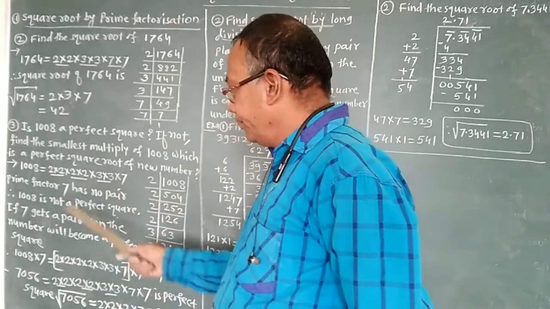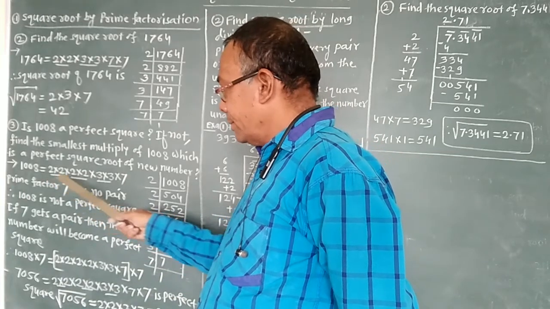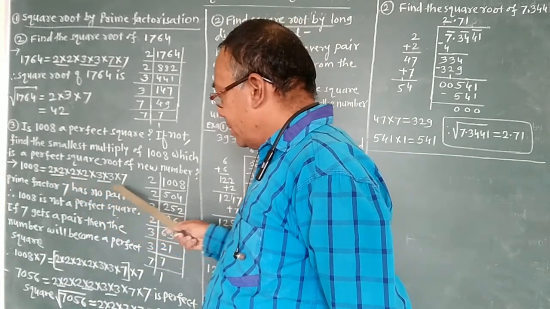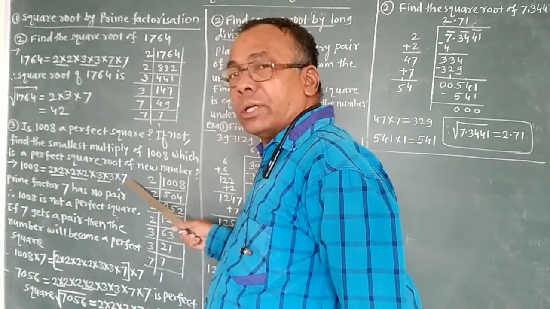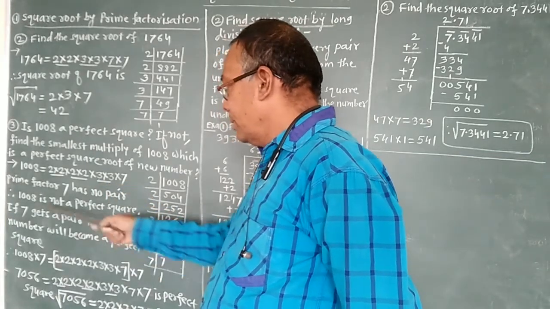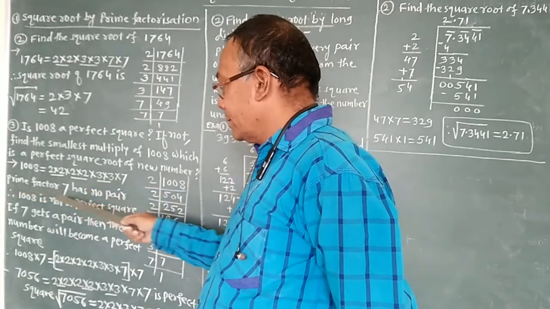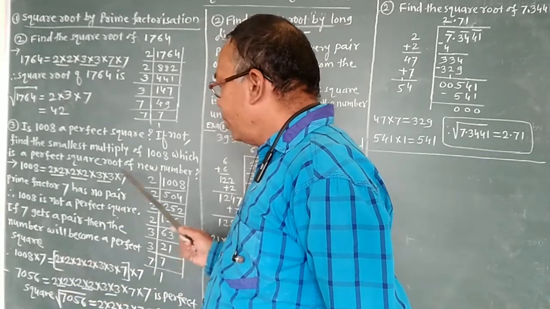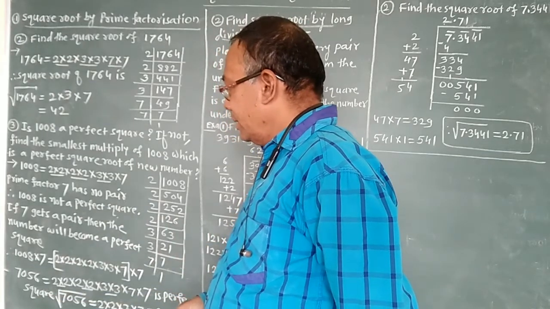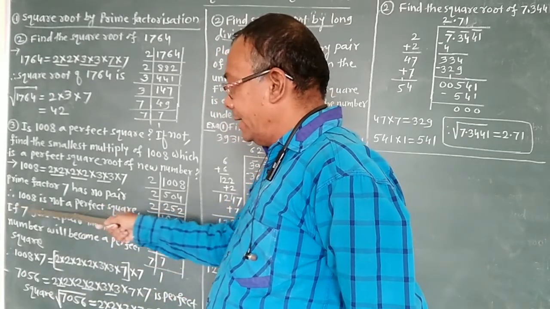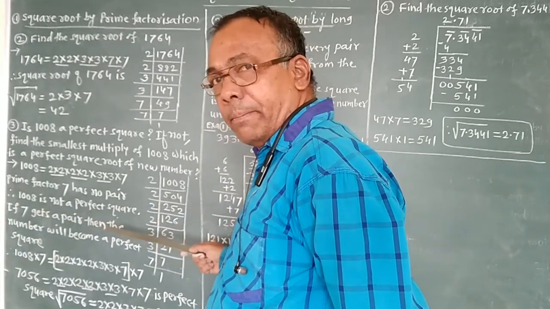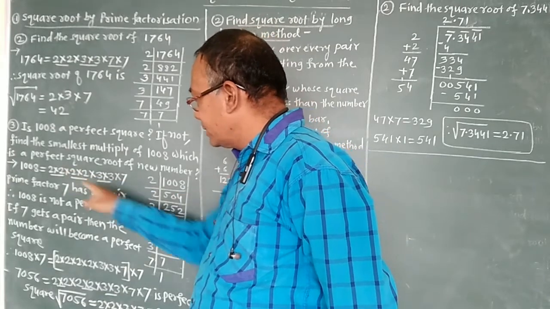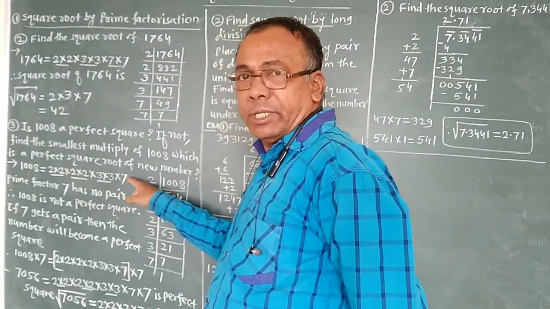Here there is a pair of 2, a pair of 2 is also there, a pair of 3 is there, but a pair of 7 is not there, and therefore prime factor 7 has no pair. And if no pairing is taking place, therefore 1008 is not a perfect square, because though there are other pairs, the pair of 7 is not there.